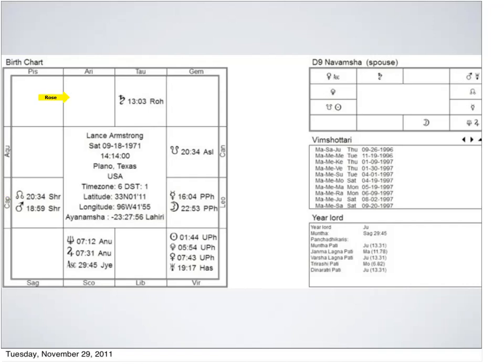Now, Aries is the sign that deals with the head and the brain. It's the 6th house of Lance Armstrong's chart. Aries is Pitta-like. Mars rules the sign of Aries, giving us further information here.